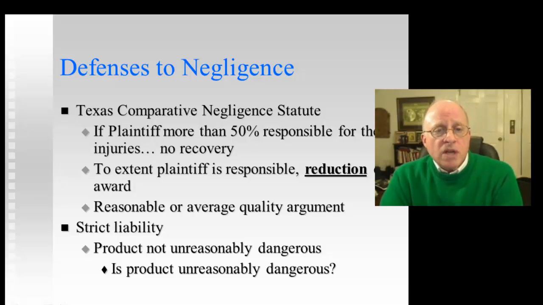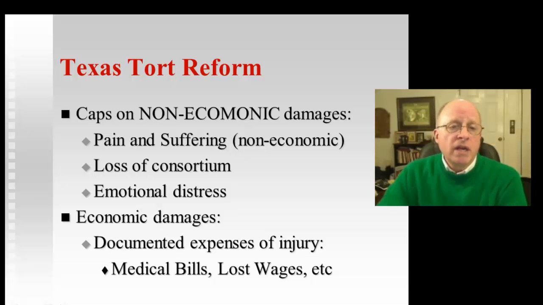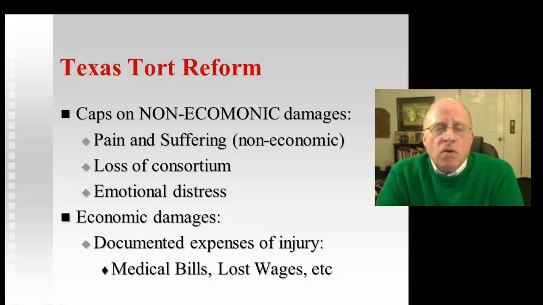We've already discussed the defenses to negligence in Texas, so they have the comparative negligence statute, and we've already discussed the issue of strict liability. I do want to mention something called tort reform.